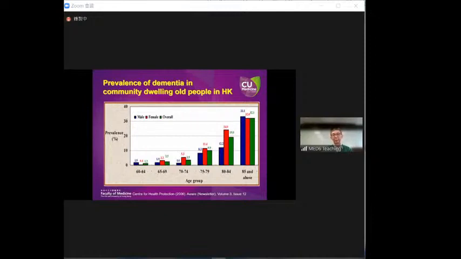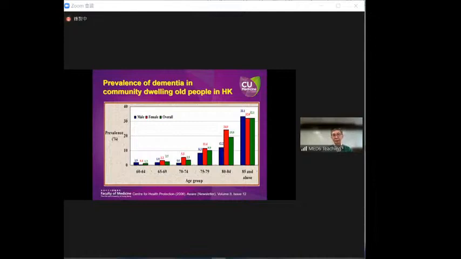People like Go Kun, our ex-vice chancellor, also had Alzheimer's disease in his 70s, despite a lot of education and high IQ. So this shows that there are lots of factors related to dementia, and genetics plays a big part.